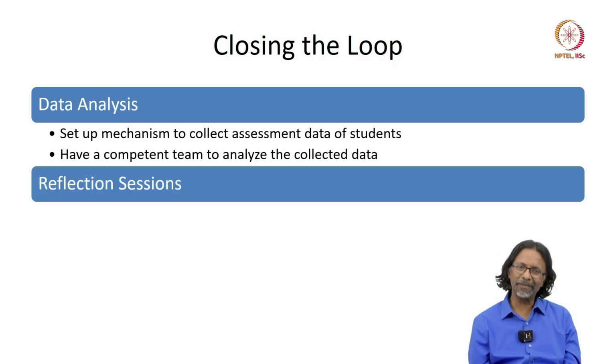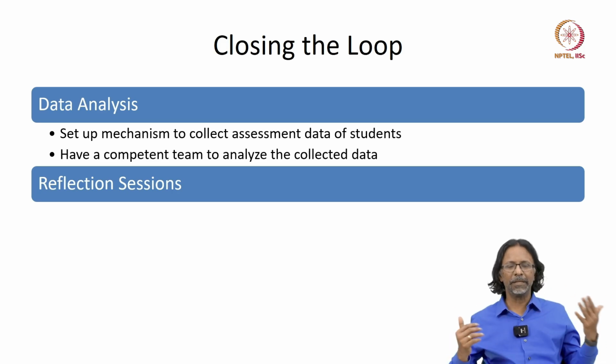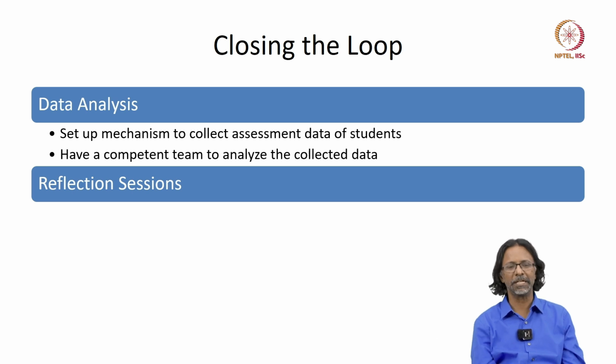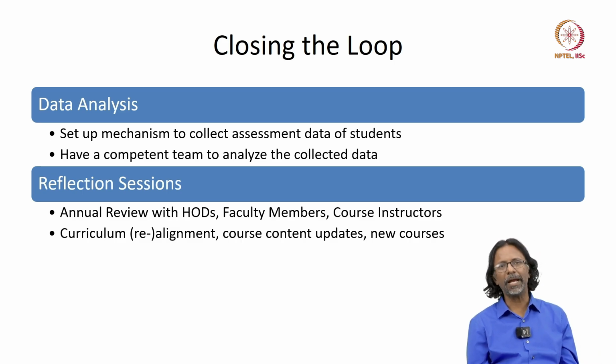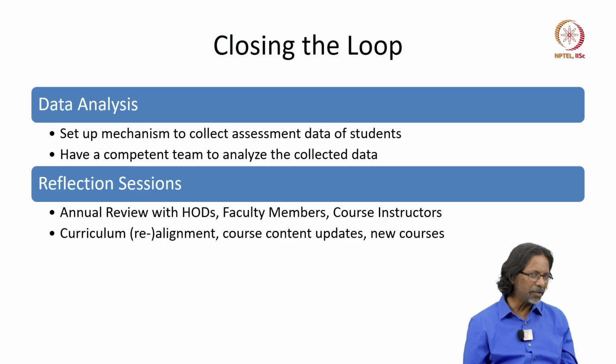Okay. Once that analysis is done, we can invite the analysis team and conduct one or more reflection sessions, which is typically an annual review. Whether combined or separate depends on the depth of the discussions you want to have. You may want to involve the heads of departments, faculty members and course instructors, right?